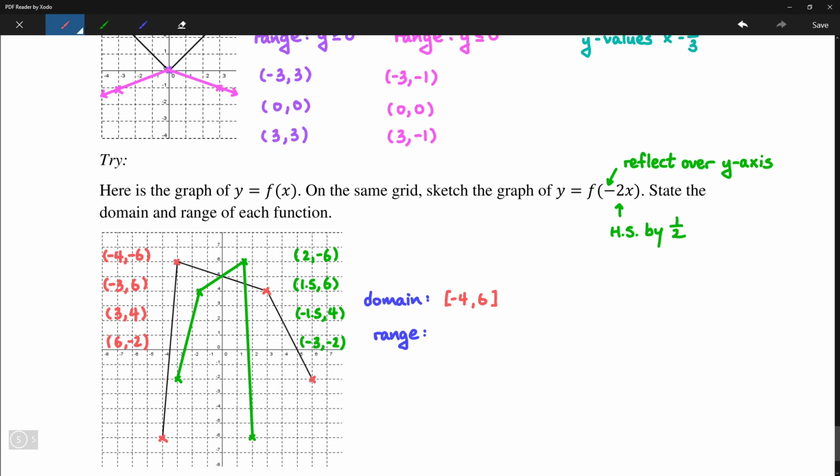Yeah, that's right. Alright, and then the domain of the transformed graph goes from -3 to +2. And of course, the range is the same because neither of the transformations had anything to do with y coordinates.